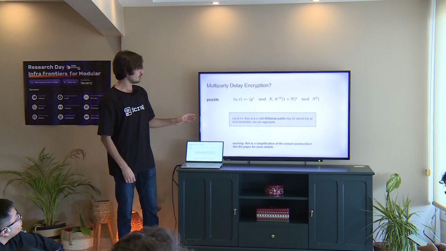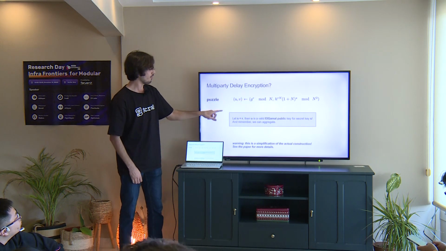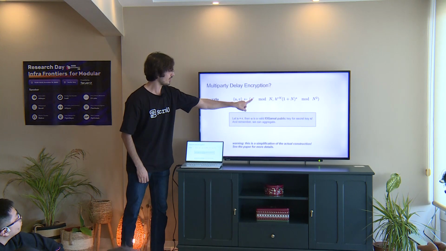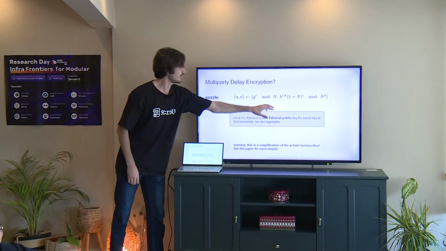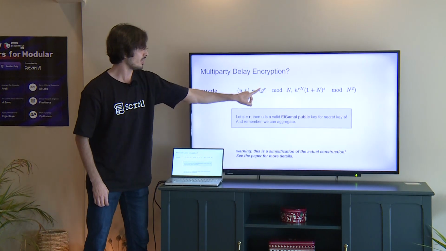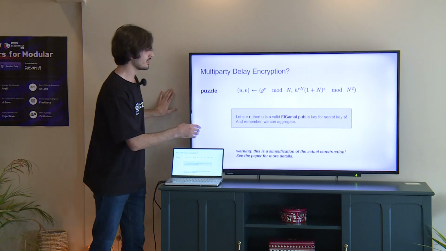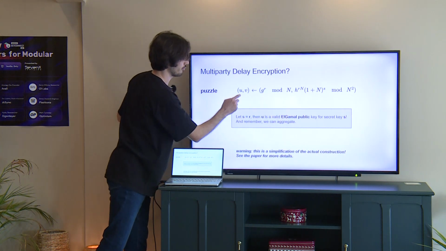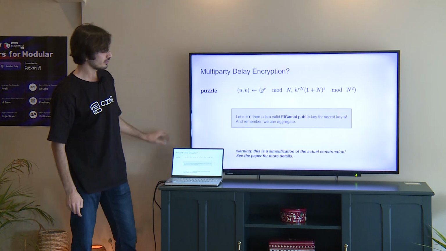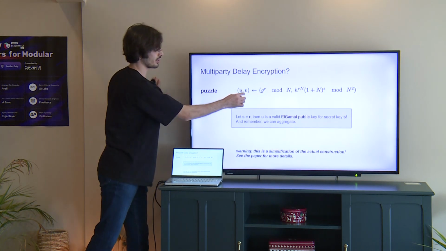So what we do is take this, which is somebody else's work, and say, what if we replace this randomness R with this S, which is the content of the puzzle, so the randomness R for the puzzle is the same as its content? What if we do that? We get an L-gamma public key for the first part, U here, for the secret key S that's in the second part.